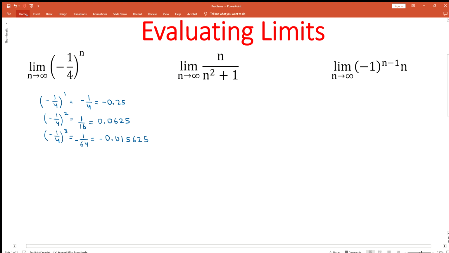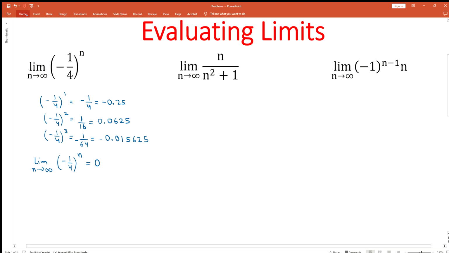The absolute value keeps getting smaller. Therefore, the value of this limit is equal to 0. This is a very important concept we need to understand and memorize to evaluate this type of limit.